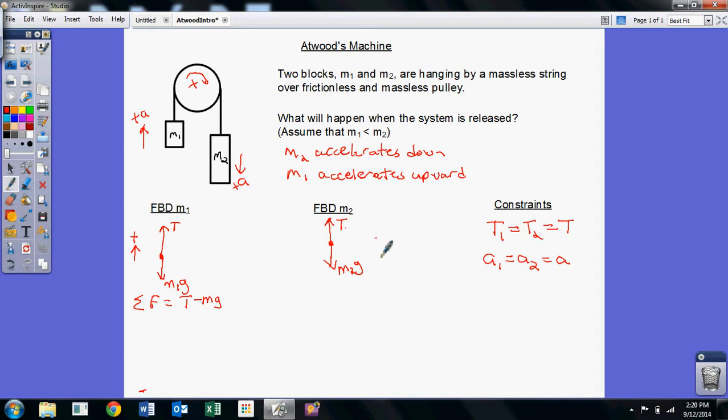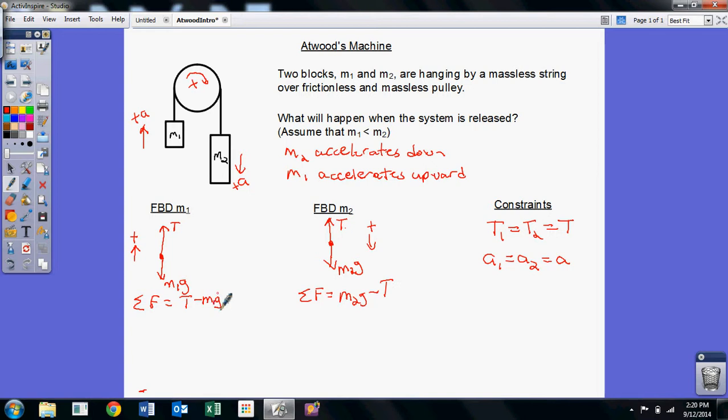And for block 2, down is positive, so when I write the sum of the forces, that's going to equal M2g minus T. And there should be a subscript 1 there on that one.